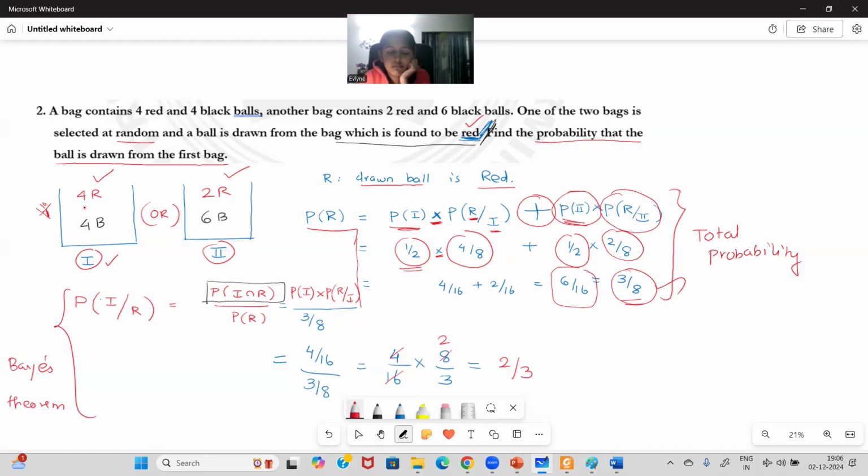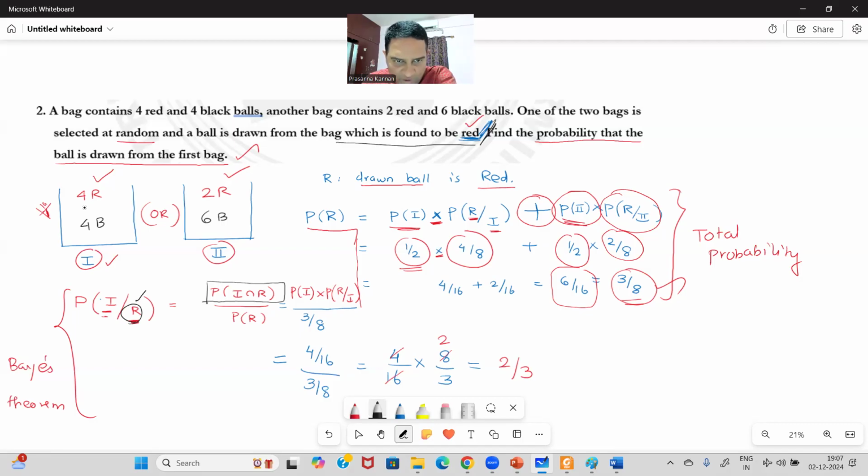Now the question is, given that you got a red ball, what is the probability that the ball is drawn from the first bag? Is that clear? Yes, sir. Which is conditional probability, which you learned in the first exercise. So now look at this. What is the probability that it's the first bag, given that you got a red ball? So what is the formula for that?